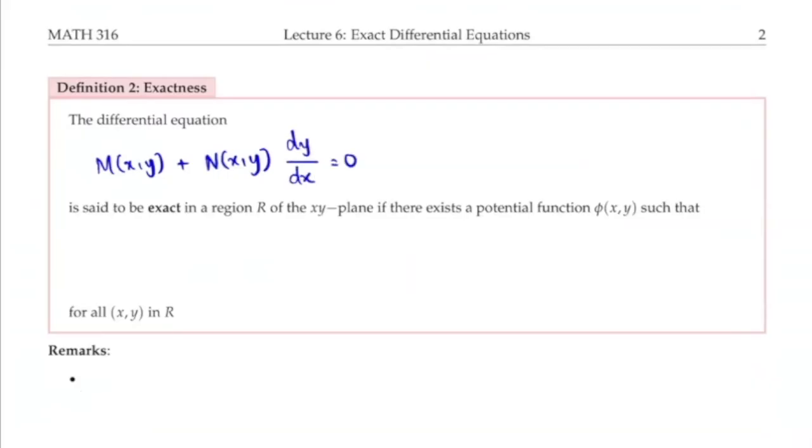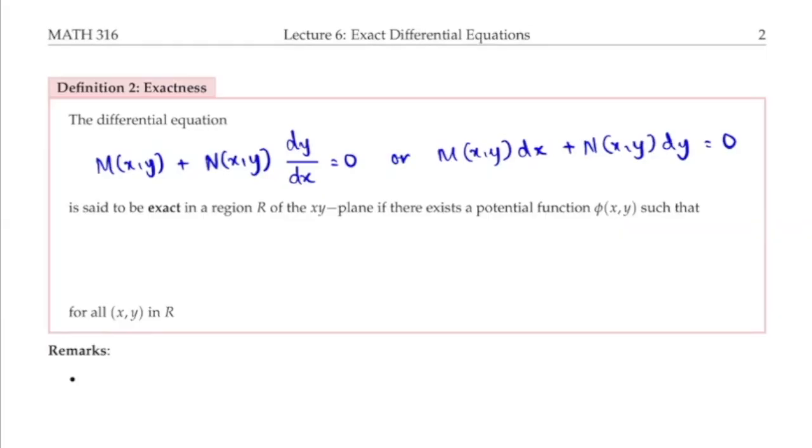This is written again in the differential equation form, or in differential form.